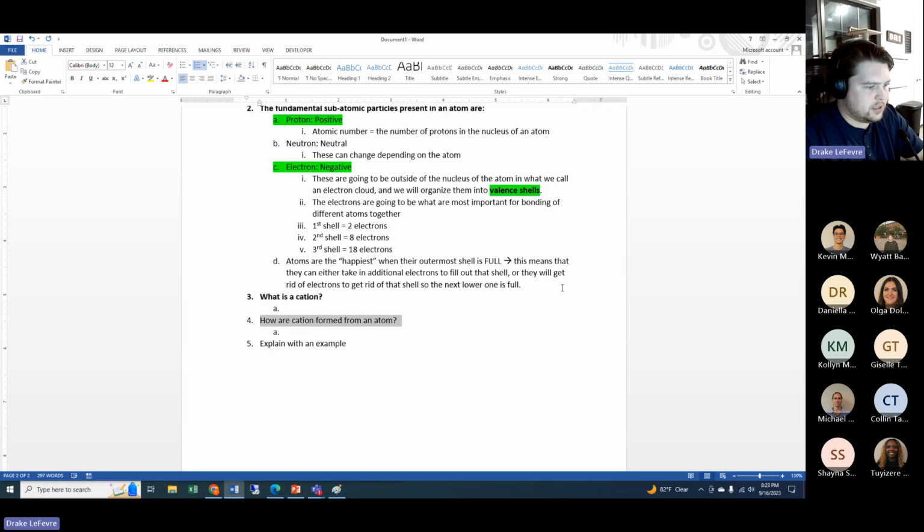So when we talk about certain atoms gaining or losing electrons, they form what are called ions.